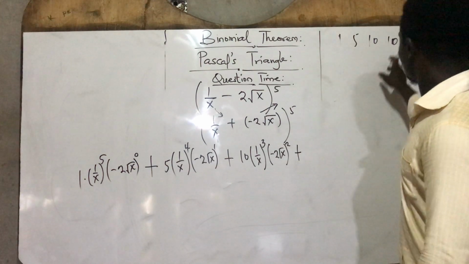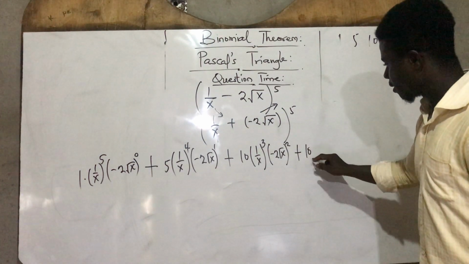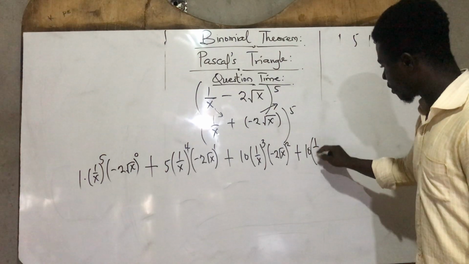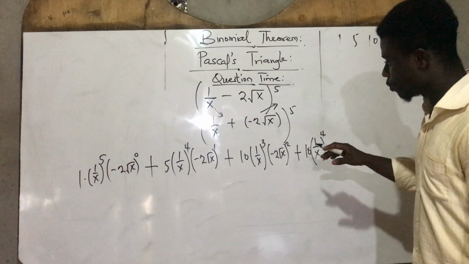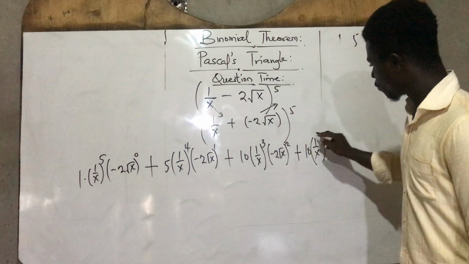Then plus my next coefficient, which is 10. 10 times 1 on x to the power 2, it is reducing.